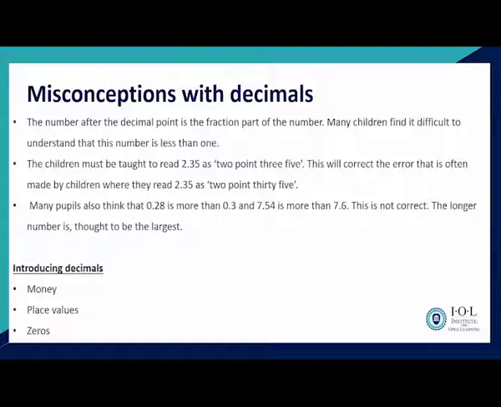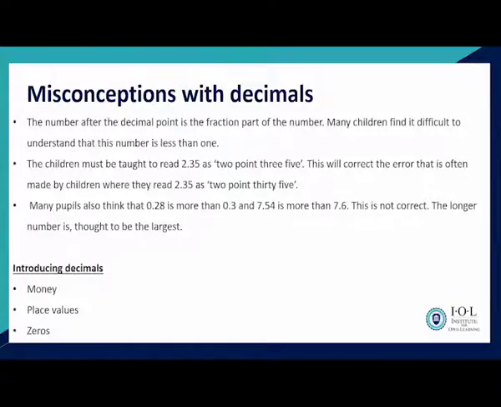Many learners also think that 0.28 is greater than 0.3 because they say this is 28 here and this is 3. So they think 28 is more than 3 because of the way they are reading it. Or maybe 7.54 is more than 7.6 because here they say 54, or they can say 3 digits here, 754, and there are only 2, 7 and 6, which is not correct.